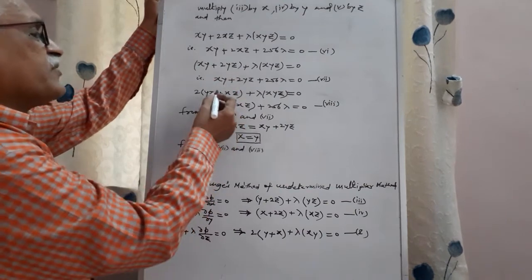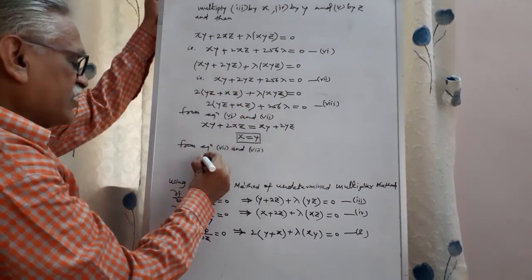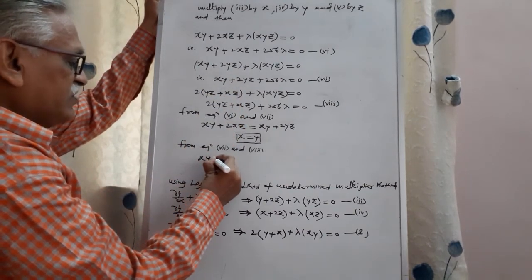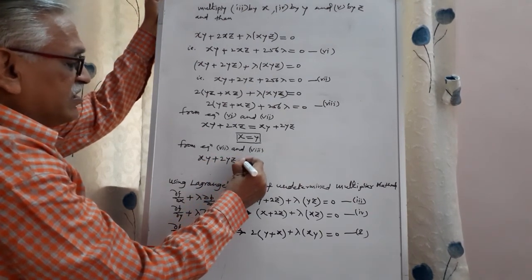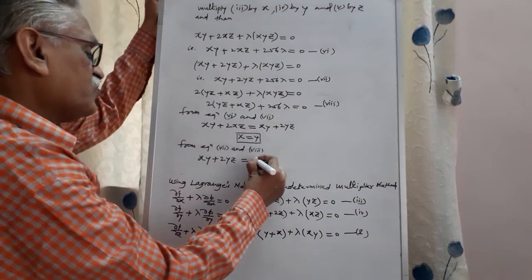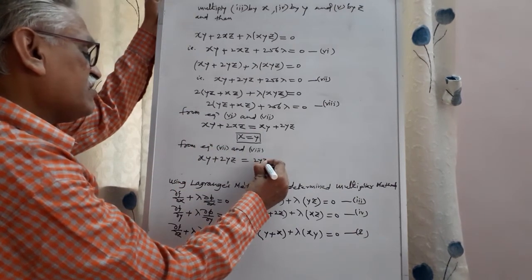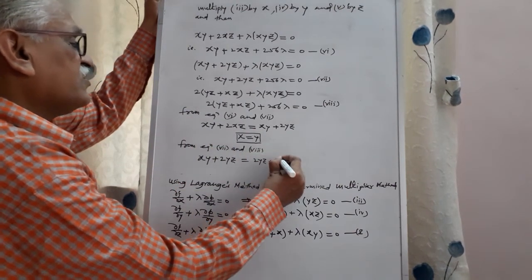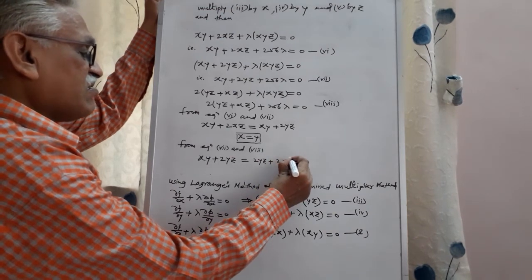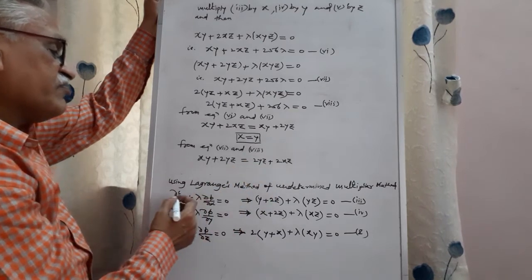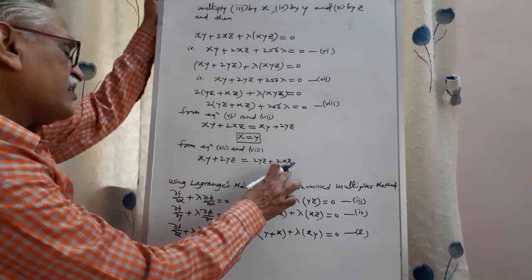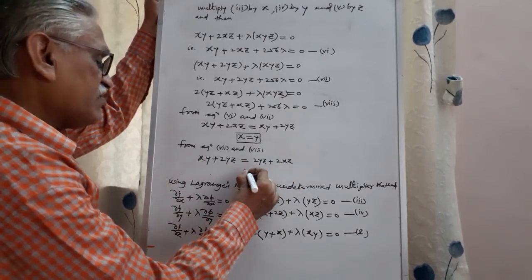Therefore, we get xy plus 2yz equals 2 times yz plus 2xz. This 2yz gets cancelled, x gets cancelled, we get y equals 2z.